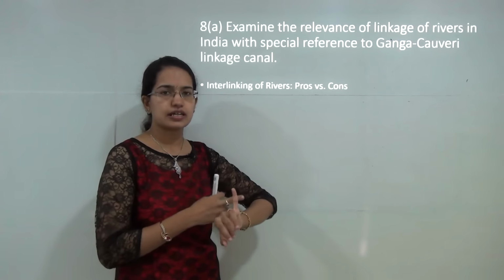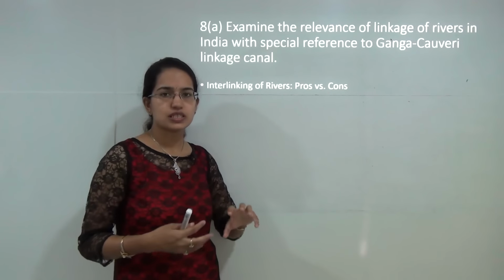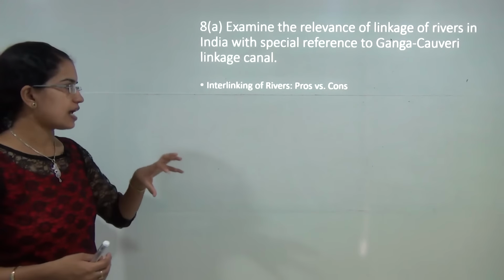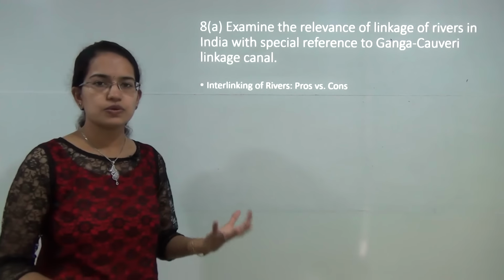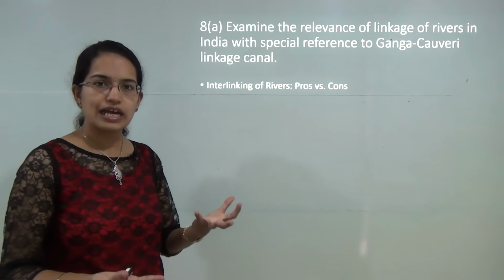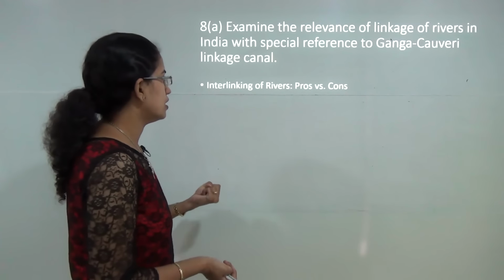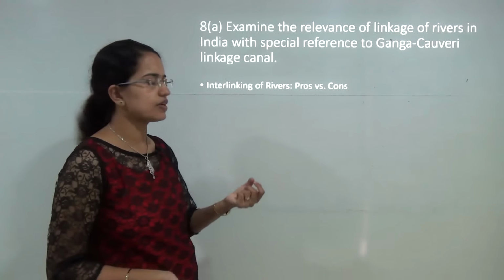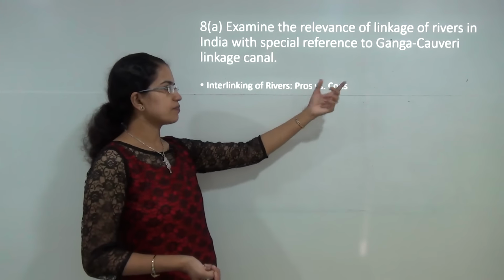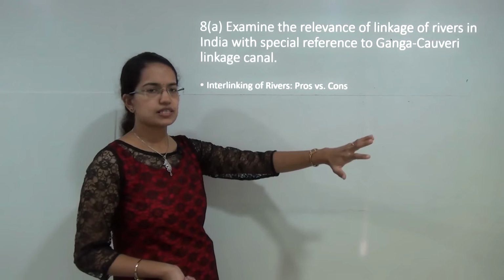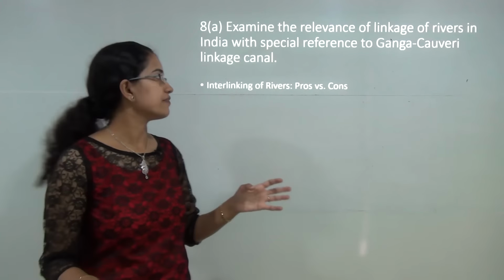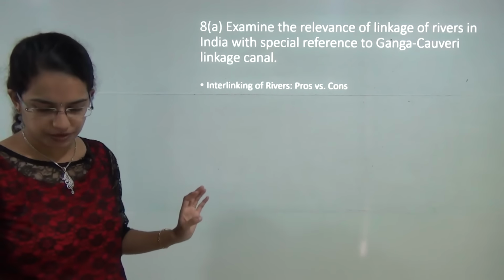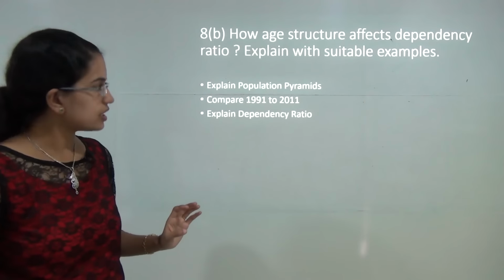The main negative aspect being worked around is the seismic hazard. Because of the connecting of the rivers, it would lead to an imbalance of the existing system that could be harmful in certain ways. So you have to explain the disadvantages as well as the advantages, and then specifically work around the Ganga-Cauveri linkage canal, where you have to provide some statistics and give the general details.